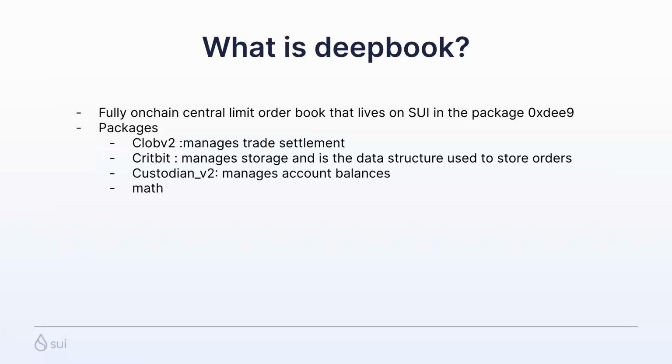Then we also have a data structure called the cryptbit tree, which is used to store the orders themselves. It is a prefix tree called a trie, if people are familiar with it. I don't know how to say that. And then there's a package called the custodian, which handles the account balances and locks your balance if you place limit orders, so you can't steal money from DeepBook or other users.